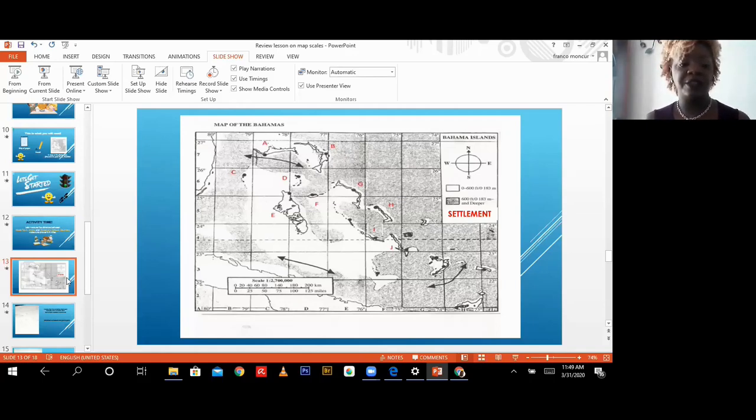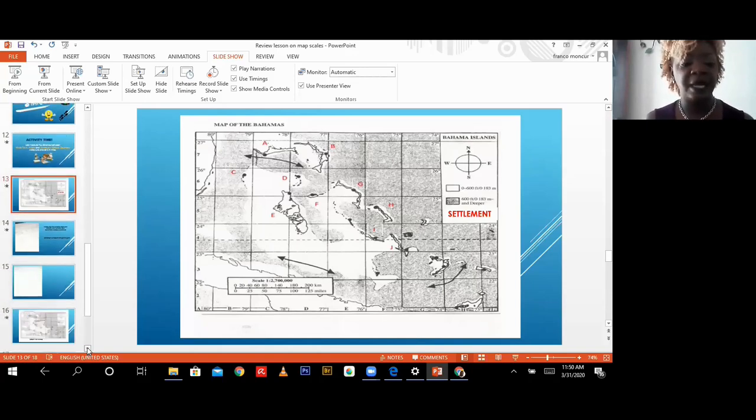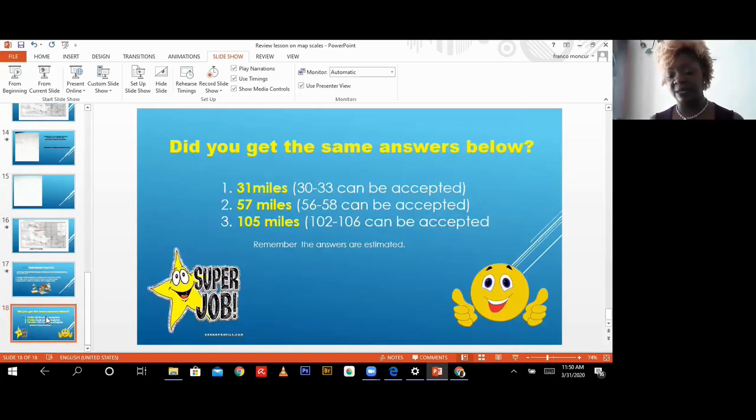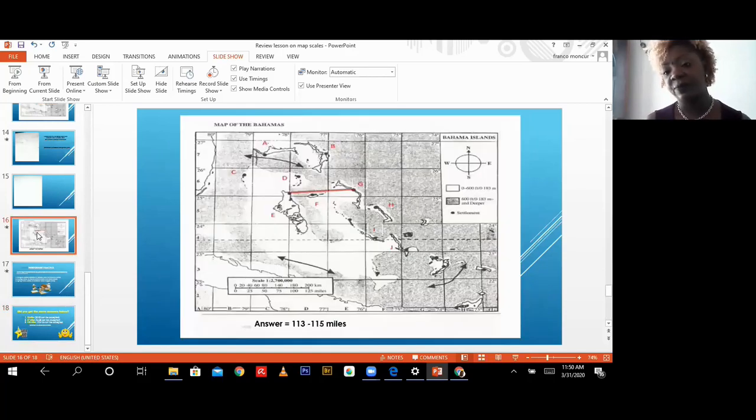All right, another thing that I want us to remember is that when we get our answers, they are usually estimated. Before that, another thing I want you to remember is you measure from point to point, okay? From point to point, not from island to island.